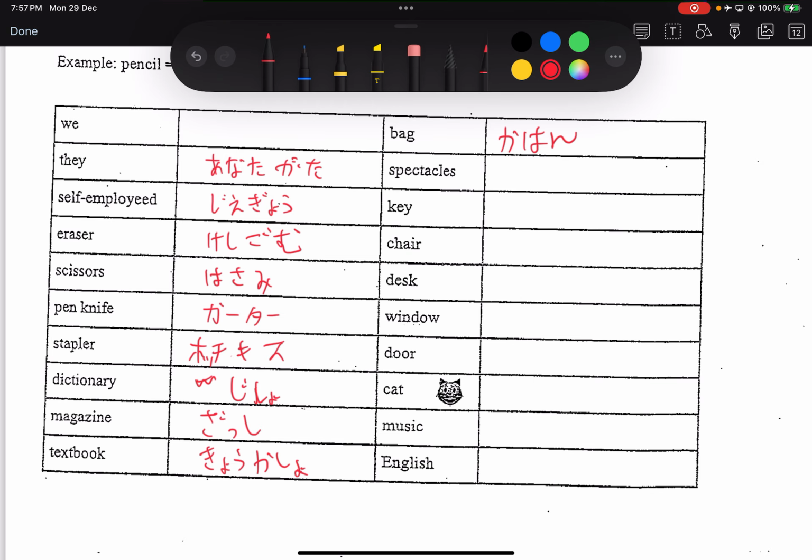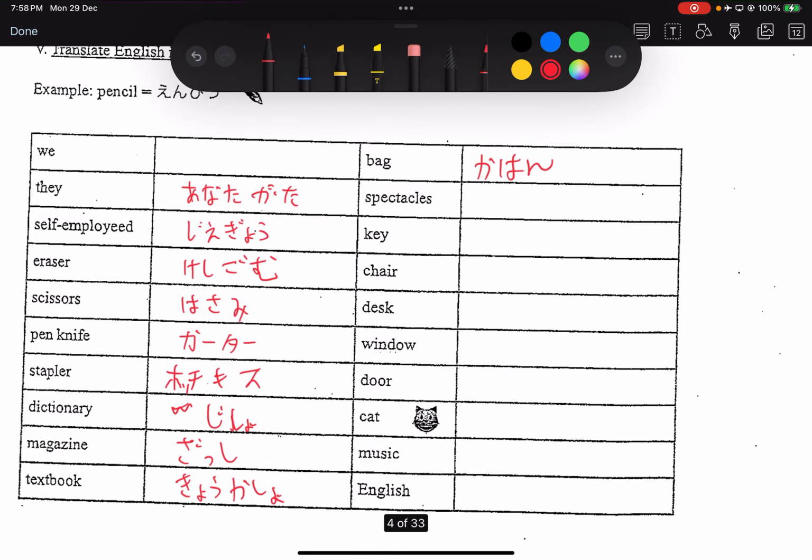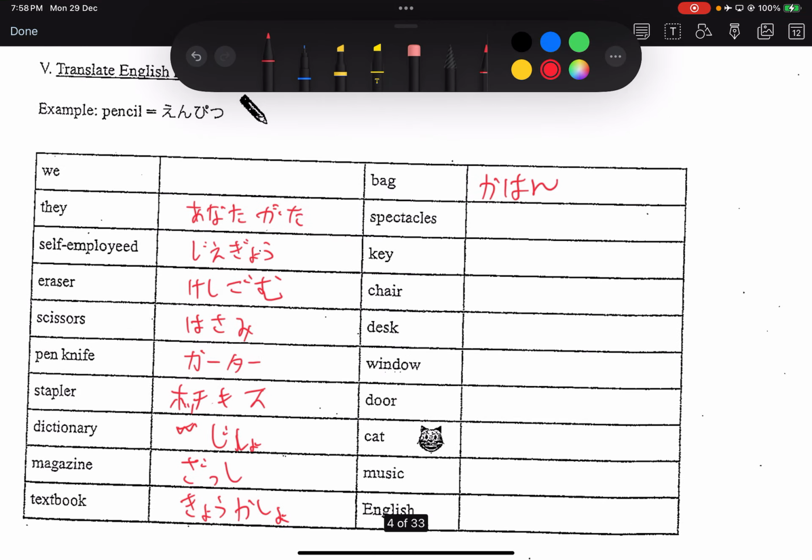Okay, desk. Start with T. Tsu, tsuku, tsukue.